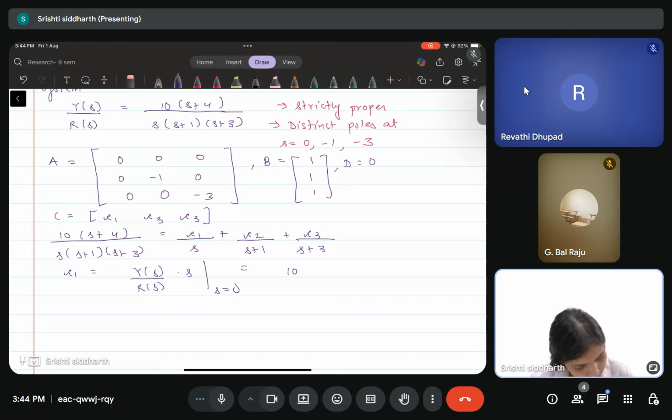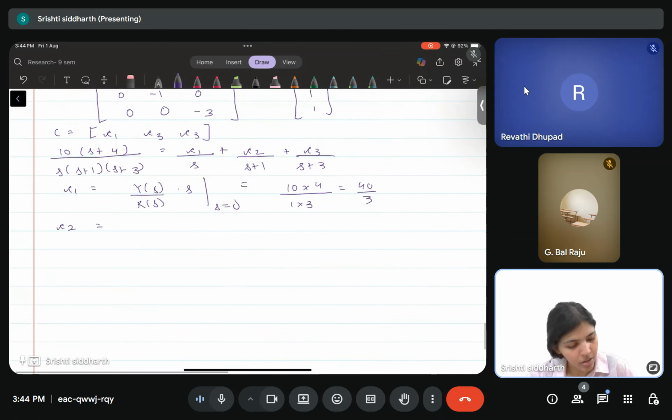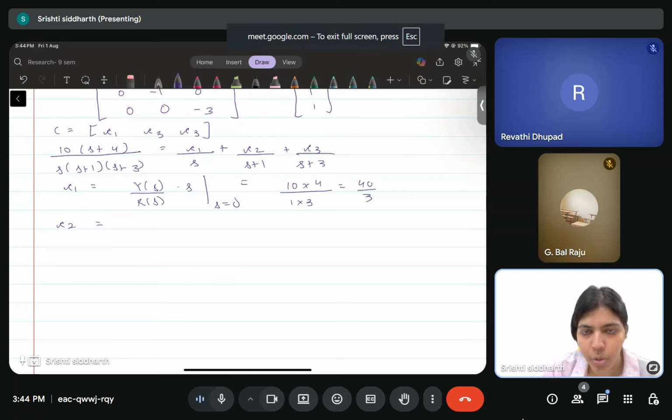So this is 40 over 3. In a similar manner, please calculate C2 and C3. I'll wait for a few minutes.